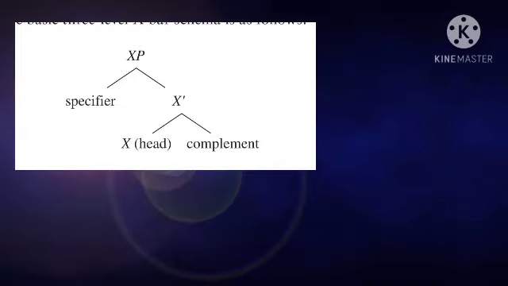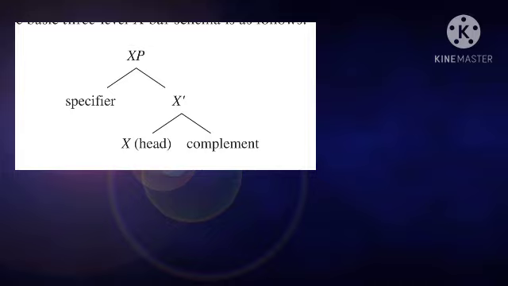Well, like this structure tree, the first level is the XP itself. The second level contains a specifier, which functions as a modifier, and X bar, for example. In a noun phrase, the specifier is a determiner.